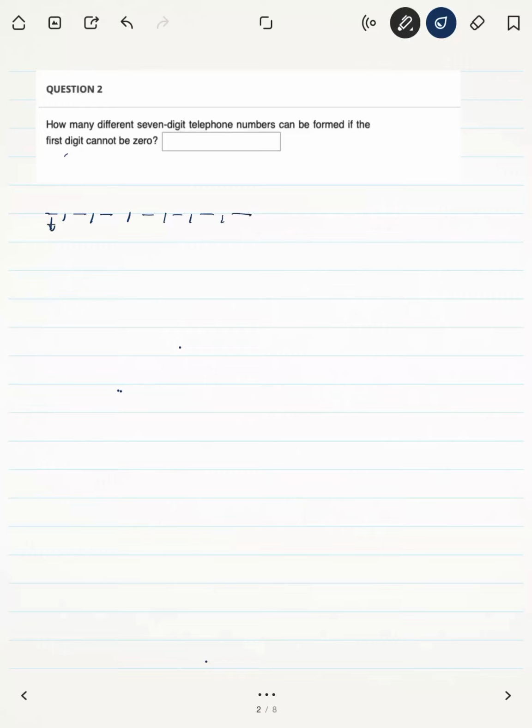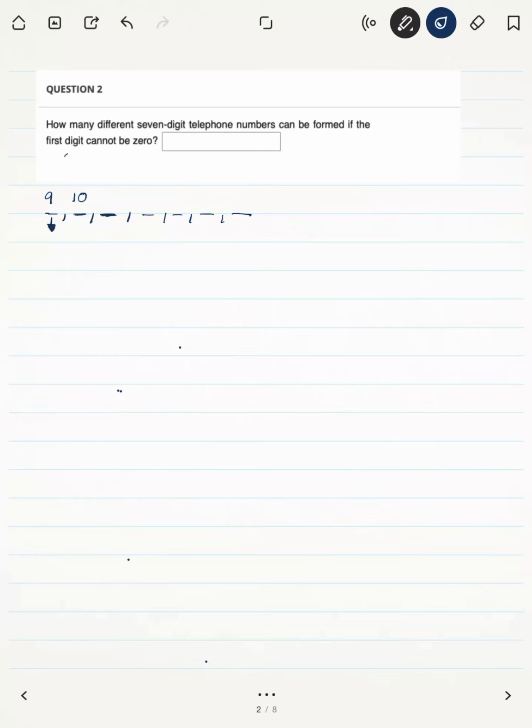The first place cannot be 0. So this means instead of having 10 choices, I have 9 choices. But for the rest of these places, every place I can choose from 10 numbers. So the first number, because it cannot be 0, I will have 9 choices.